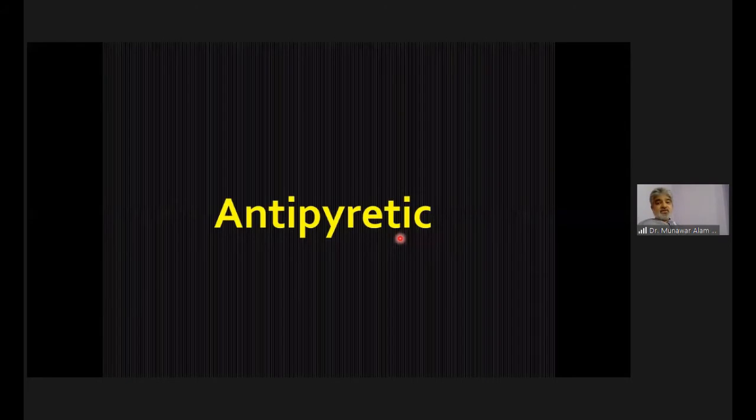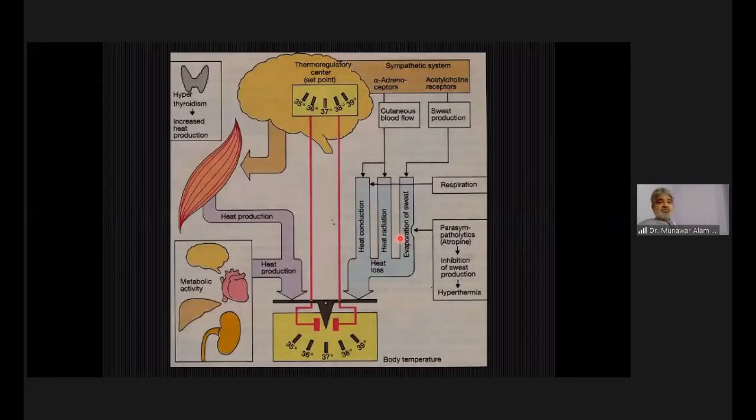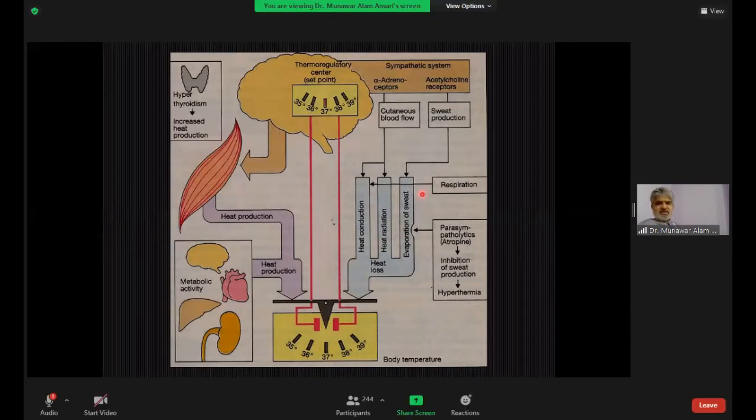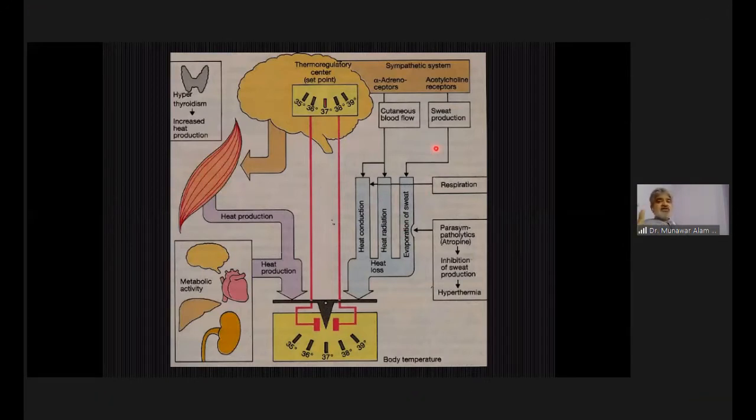Again, I have told you that we have the thermostat in the brain, and we have two systems: the heat generating system, that is the metabolic system and the skeletal muscle contraction system, and the heat losing system. Obviously, we don't go into details, but the important point to note is that sweating is the best way to exhaust the heat.